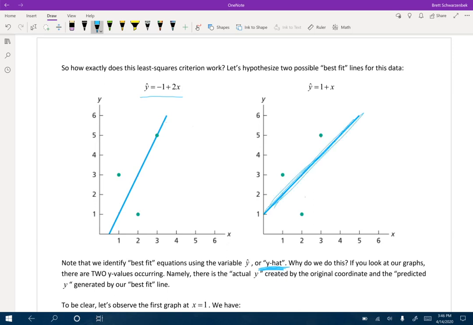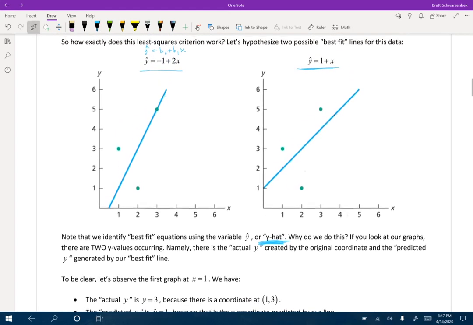Doesn't go through any of the points, but the same 3 points are there. This equation is y equals 1 plus x. So both of these clearly are in the form that we talked about. So remember, y hat equals b sub 0, our y-intercept, plus b sub 1, our slope, times x. They're in that form. So the question is which one's better?